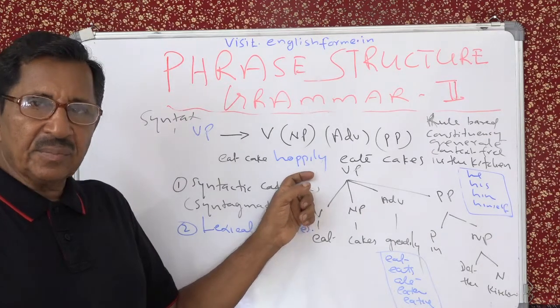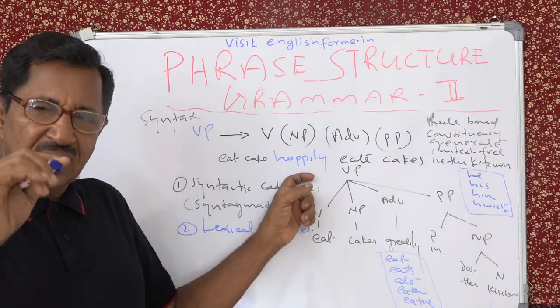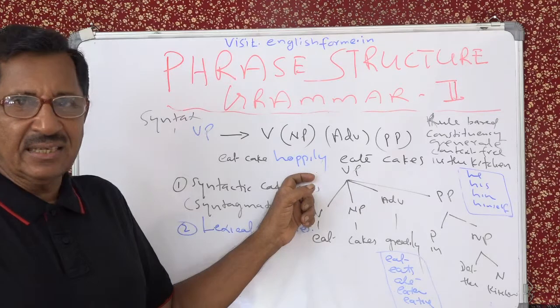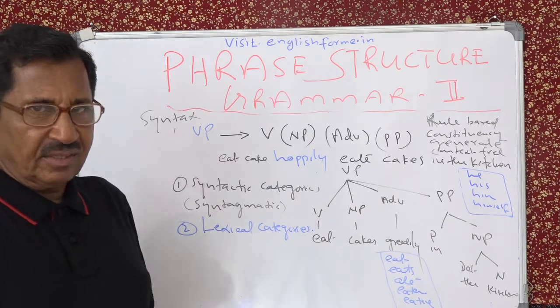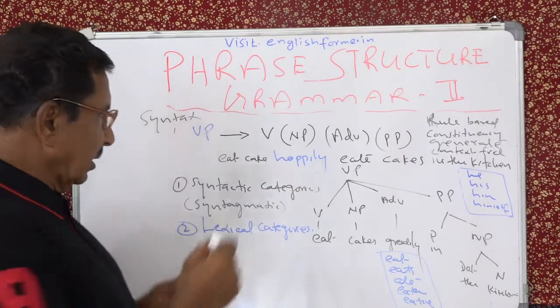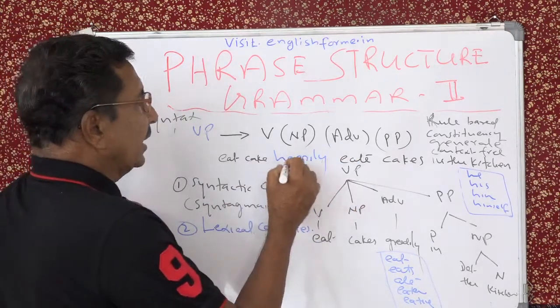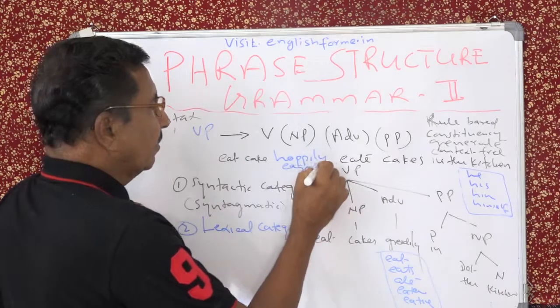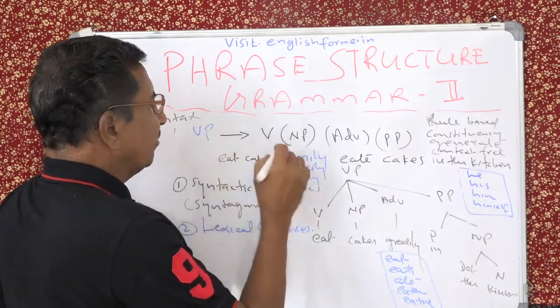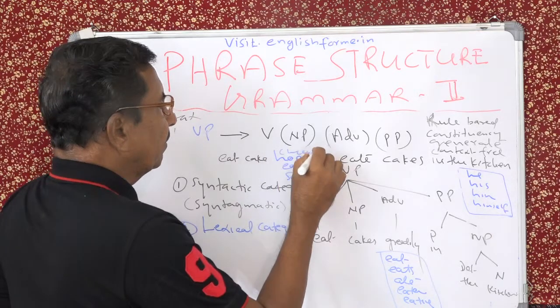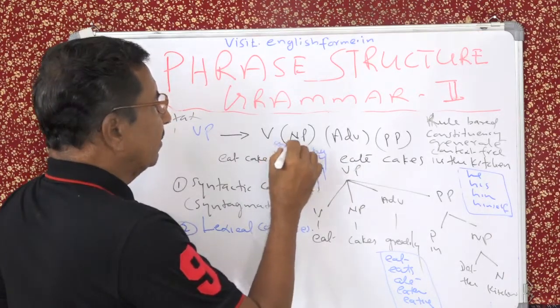Because their relationship is in relation to the syntax, that is why they are called syntagmatic. As I told you, you can replace this by eagerly, sadly, cheerfully, greedily.